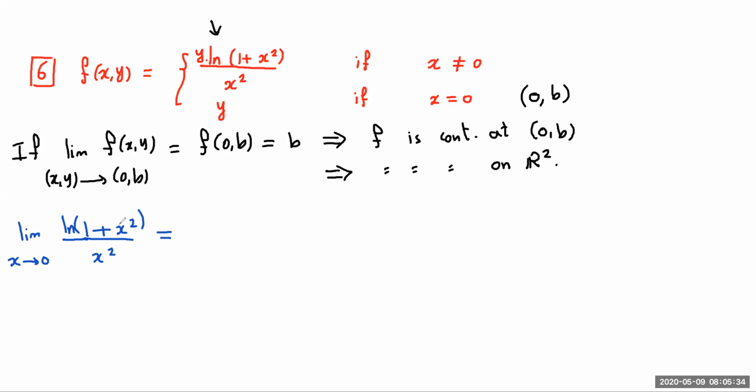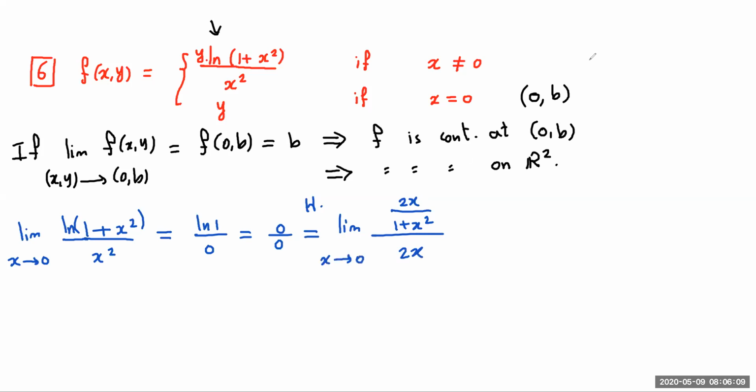If you put x equal 0, ln 1 over 0, so it's 0 over 0. So you can use L'Hopital. So this is a limit for a function in one variable. Here I will take the limit of the derivative of ln(1 plus x power 2), which is 2x over 1 plus x power 2, divided by the derivative of x power 2, which is 2x, when x approaches 0.